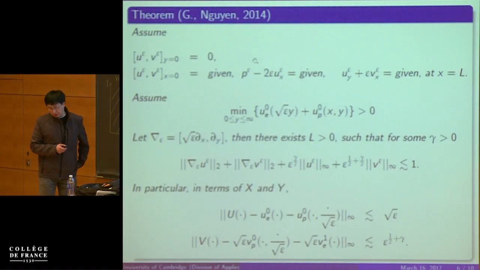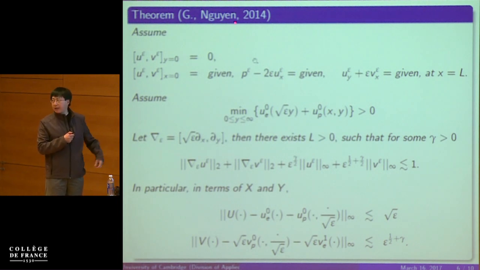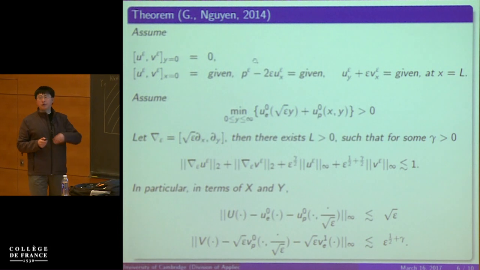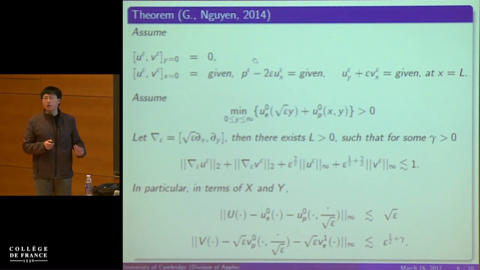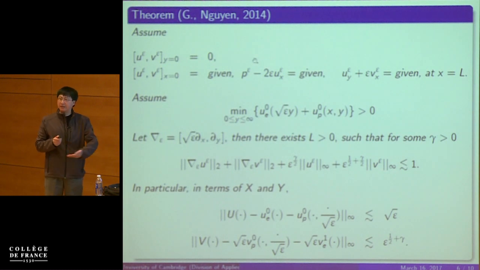So here's the theorem. There's a theorem with Nguyen. So the condition is on the remainder. The remainder here we cannot change anything. So the remainder and also the approximation make sure that for the Navier-Stokes equation this part is always non-slip.